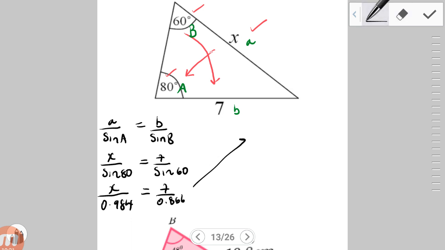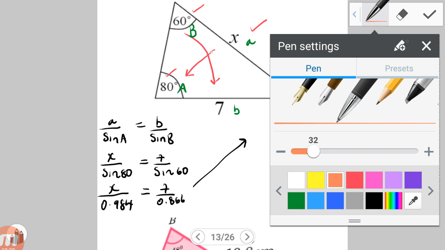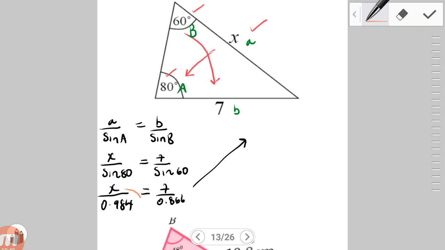Okay, so here now we can simply do a cross multiplication. So we can cross multiply here by saying x multiplied by 0.8660, which in this case would be 0.866x. Let's put an x here. And that's going to be equal to the cross multiplication here.